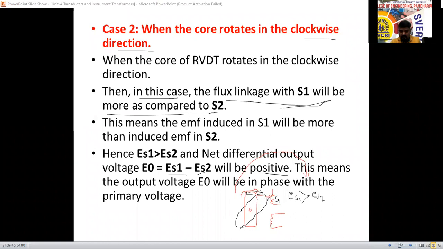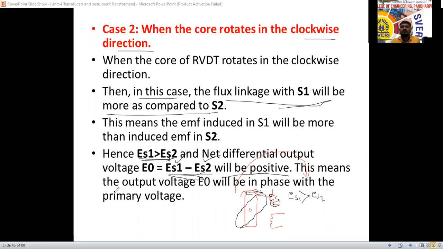S1 is connecting more flux linkages as it is nearer to S1. So the EMF induced in S1 is greater than the EMF induced in S2. Hence ES1 is greater than ES2, and we are using the differential output, ES1 minus ES2. ES1 is positive, ES2 is negative, the greater is ES1, so the output is positive.